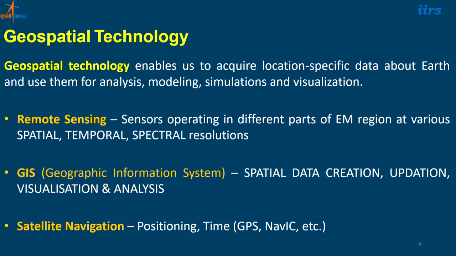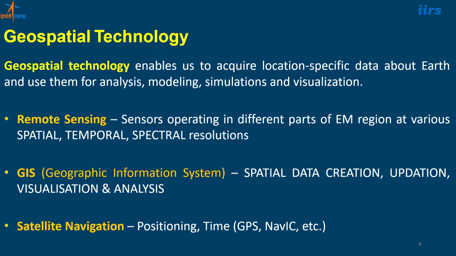I will be covering more on this in the coming slides. Basically, remote sensing deals with sensors capturing data from remote locations. It can be a satellite image, a drone image or an airborne image; anything like that comes under the category of remote sensing.